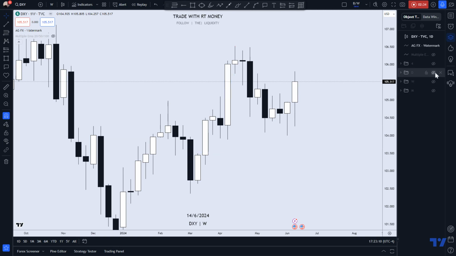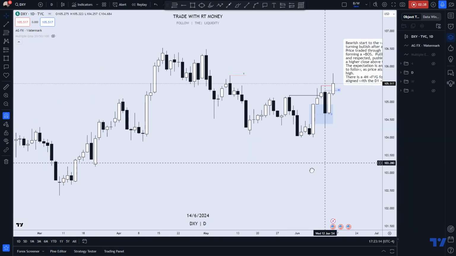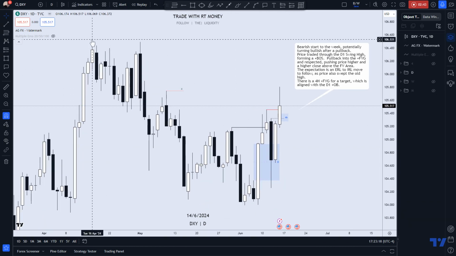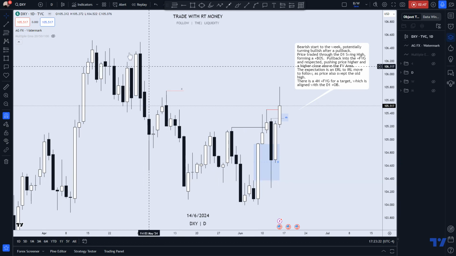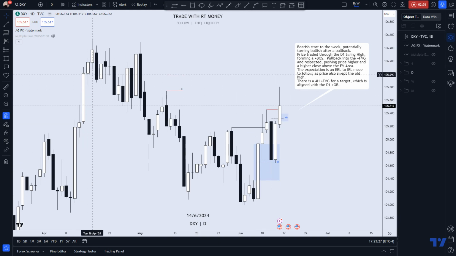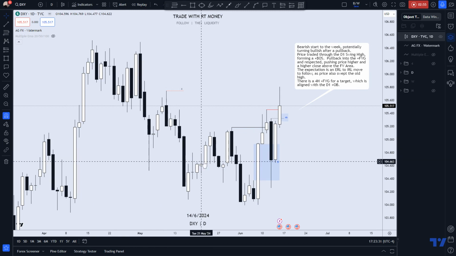Now if we go to the daily, this is where we get down to the nitty gritty. As price pulled back on this bearish leg of structure, it's just a pullback. You see how long it took price to make this bullish impulse here, and then to correct that move.